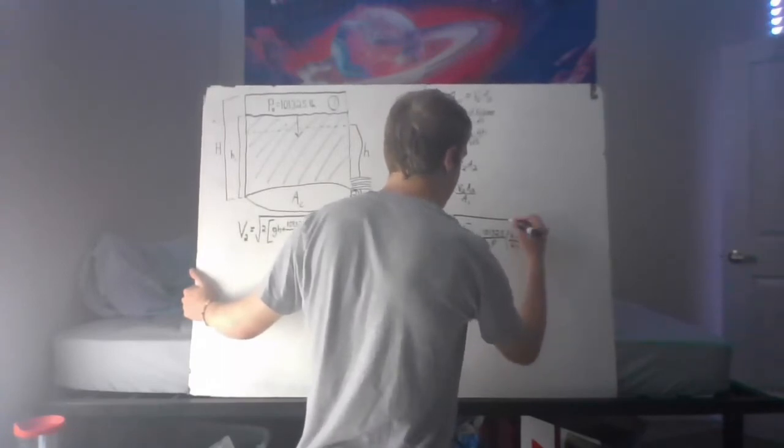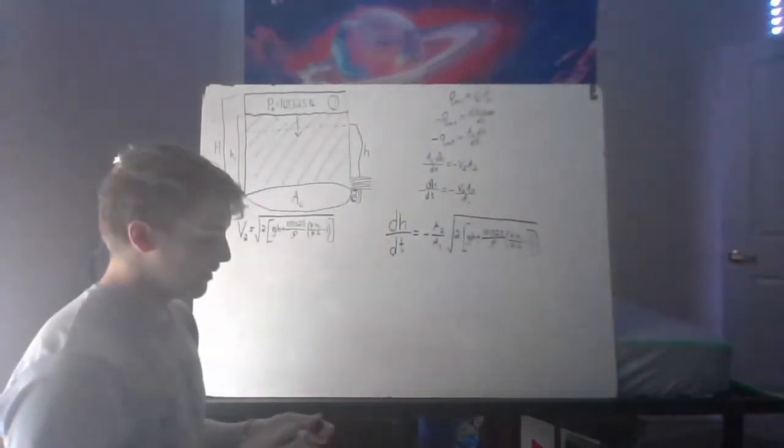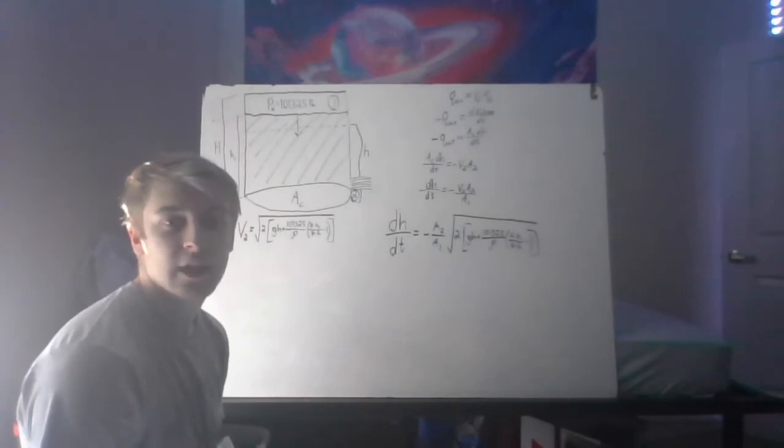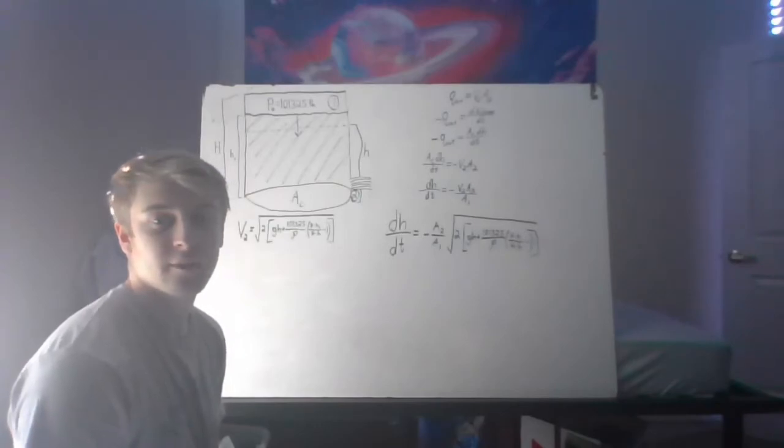And all that is square rooted. So now this is going to be the differential equation that we will be solving in the coding part of this video, which we will start now.